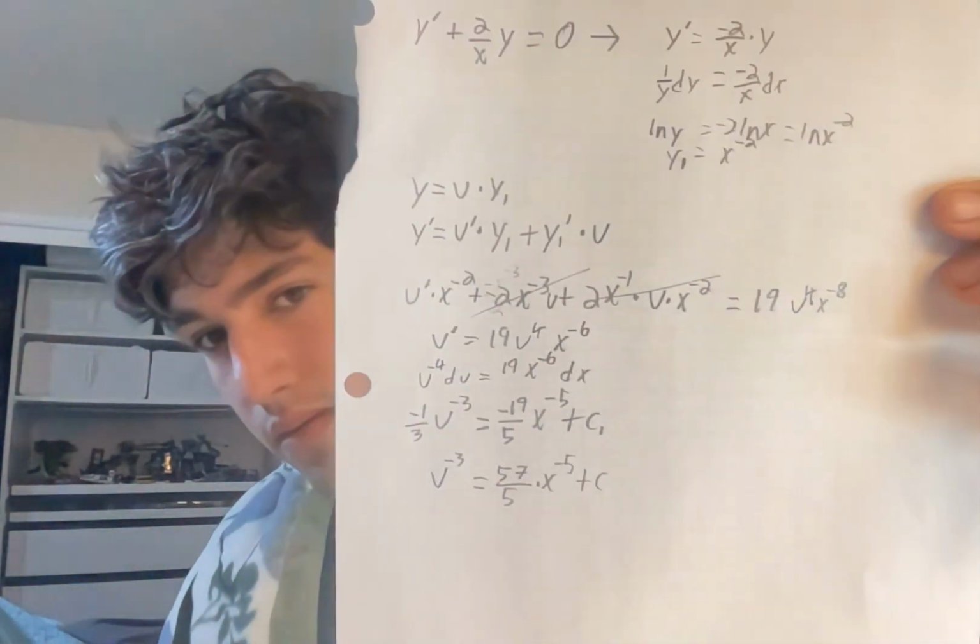You could call the old constant c1, the new constant just c. Okay. Now, the next thing that we're going to do here, very elegant move, is take the cube root of each side.